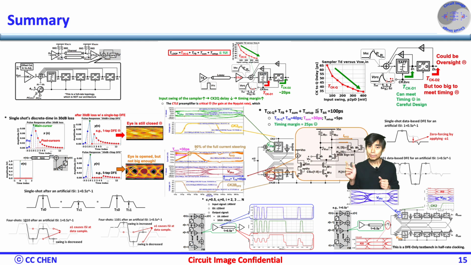Instead, we must apply an artificial ISI in the FIR so that you can verify the timing of each stage or node. Then, either sign off your design before the tape-out or re-optimize each tap one at a time during the design phase. I hope these simple design tricks in the DFE will help you.